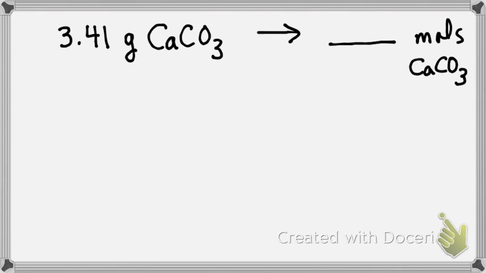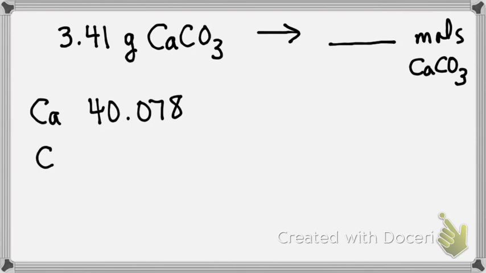So you can use the app for this purpose. You can use the periodic table and a calculator for this purpose. But briefly, the mass of calcium is 40.078. The mass of carbon is 12.011.